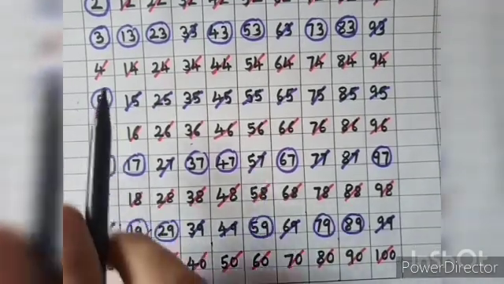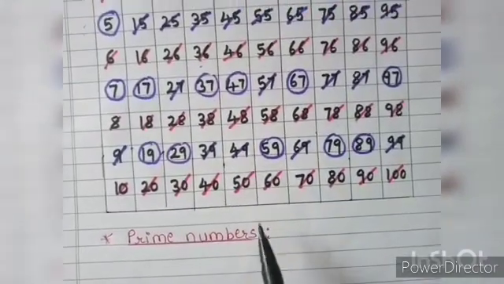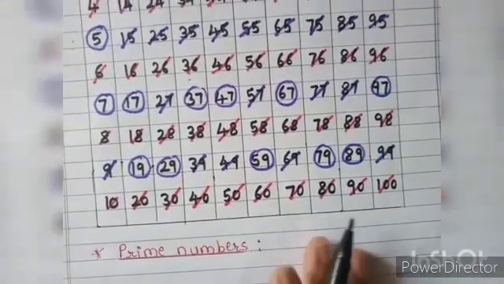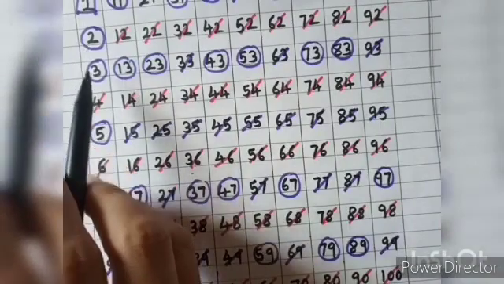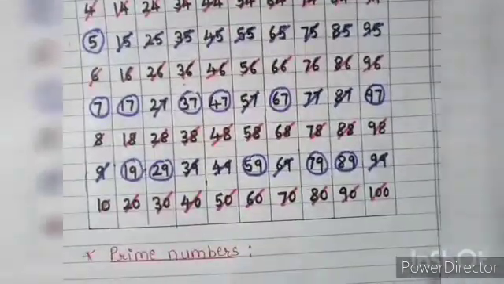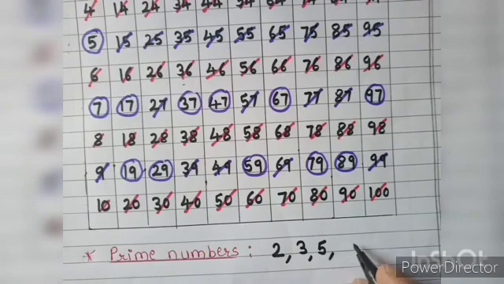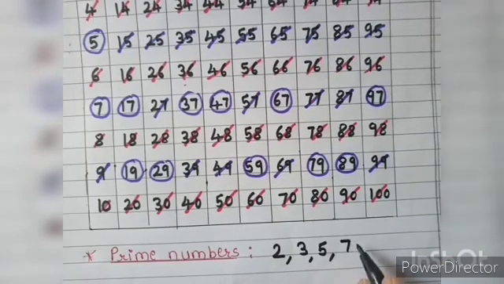Now write down all circled numbers here. These are prime numbers. So first prime number is 2, second is 3, third is 5. So write down here 2, 3, 5, 7, 11, 13.